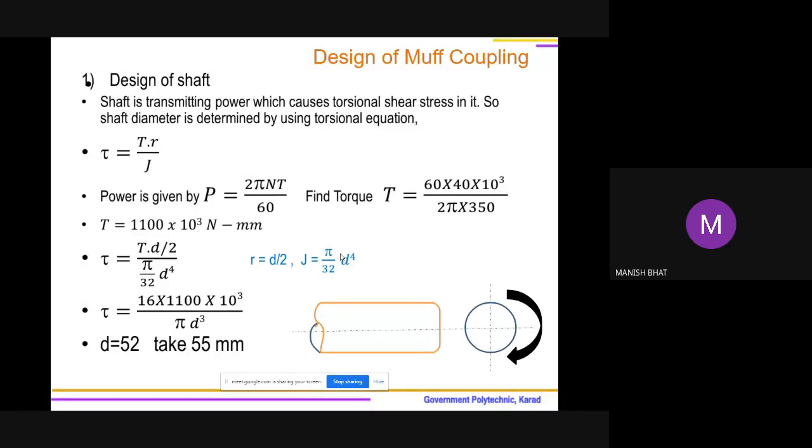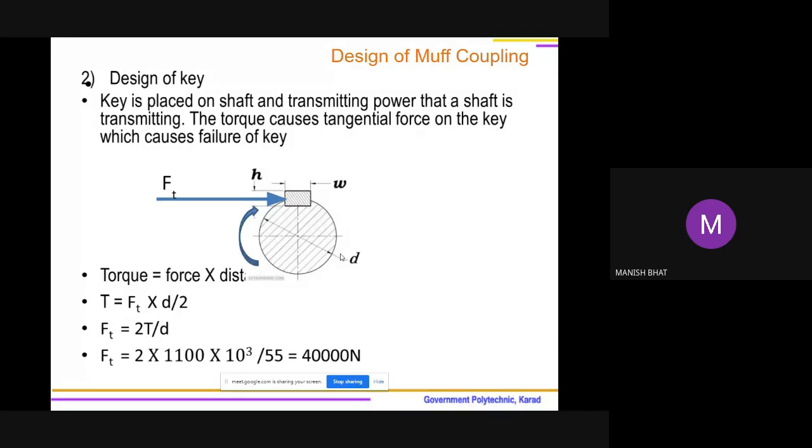Now, we'll move on to the next element, the key. So we'll be designing the key. We know that the key is fitted in the slot of the shaft, and to design the key, we need to find this tangential force. How do we get the tangential force? We know the relation: torque is equal to force multiplied by distance. So the force is that tangential force Ft, and how much is the distance at which Ft is acting from the center?